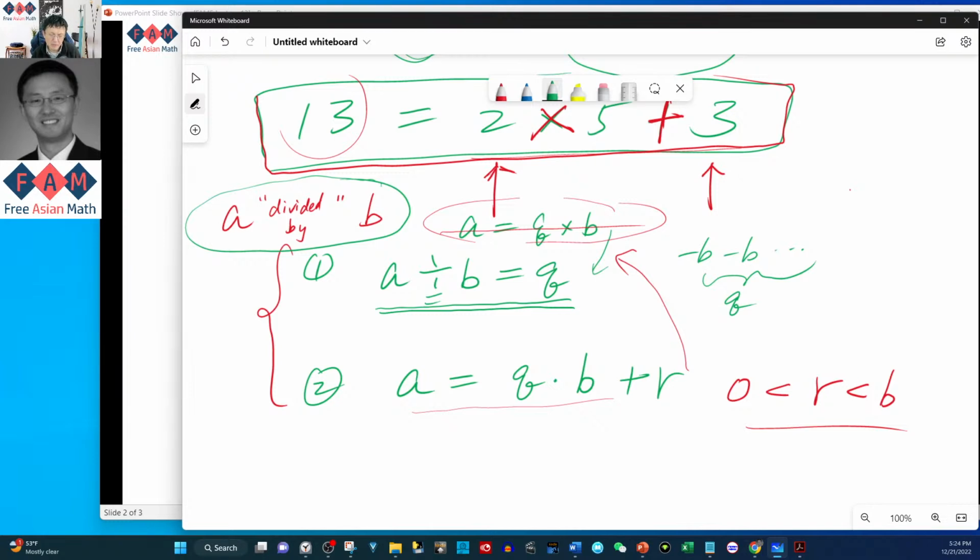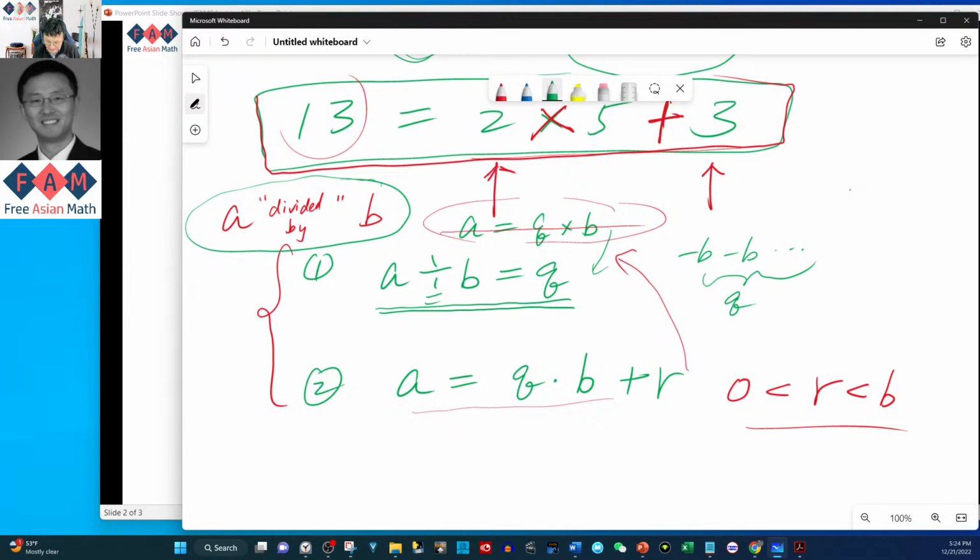For now, both are natural numbers and B cannot be 0. Okay? So, in summary, when we deal with integers, when we deal with division, we have to be very careful. We have to branch out into two cases.